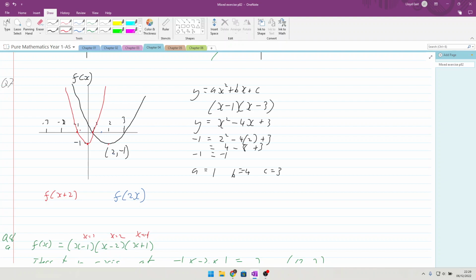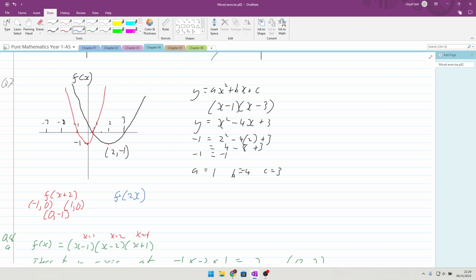Okay, now in terms of where its new points are, we have said that it's got new roots at -1, 0, and also 1, 0, and it has a minimum now of 0, -1. Okay, in the next part, I had actually drawn the roots in the correct places, but then drew my graph in completely the wrong place.